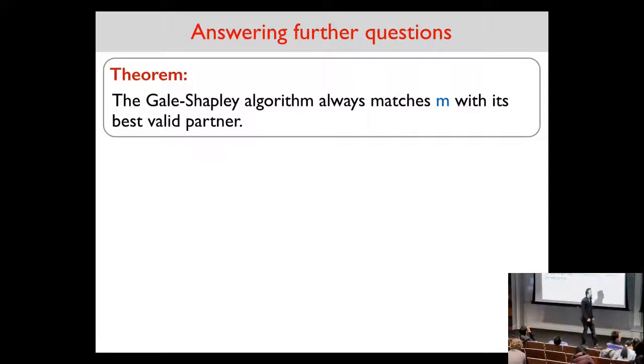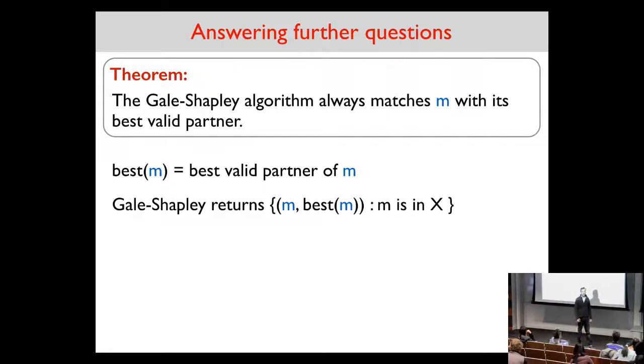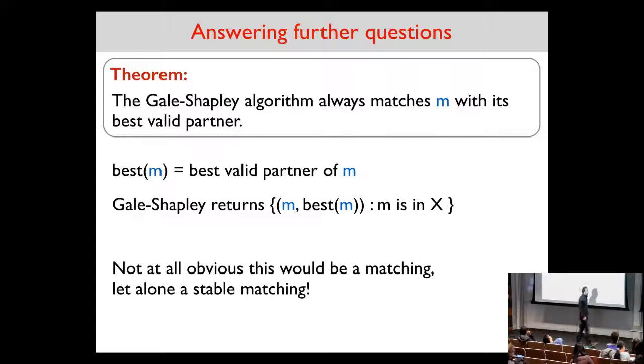Okay, so another way to say this is, let's define best of M to be the best valid partner of M. The Gale-Shapley algorithm basically returns you this matching, M comma best M, where M is in X. Now this, in itself, is quite surprising actually, because it's not even clear that this set would be a matching.